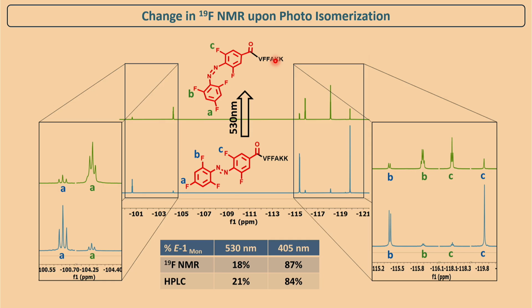When I was showing this UV spectra, the half-life of the cis form in the fluorinated azobenzene is really good as compared to the visible. This is also very important, particularly if you are looking at the photopharmacologically active form and dormant form, from that perspective. This is important. So yeah, we do it that way.